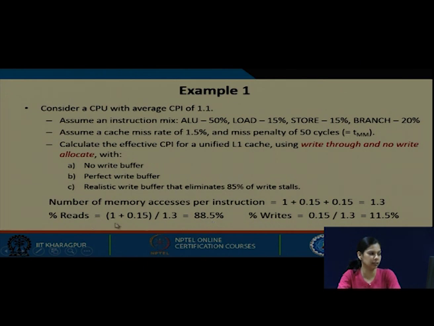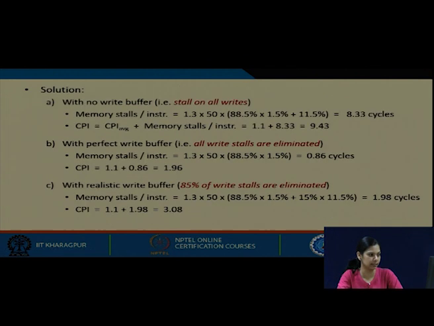So, percentage read is 88.5%. Now, coming to percentage writes, for the write we will require this 15% only, 15% divided by 1.3, that is the total number of memory accesses per instruction. So, now we have found out percentage read, percentage write, and the total number of memory accesses per instruction.